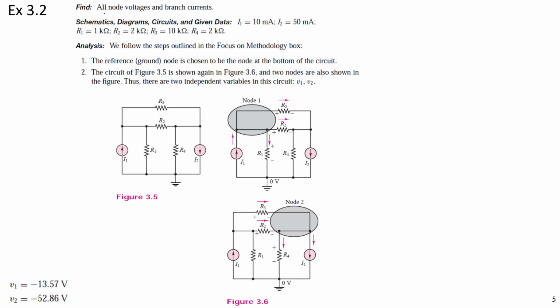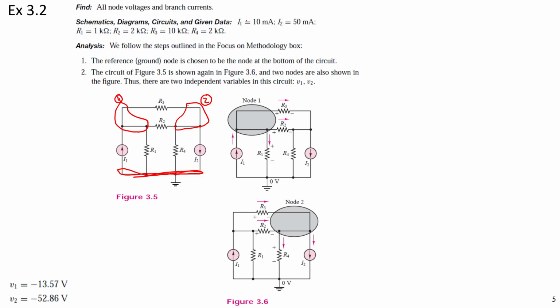For example, all node voltages and branch currents are here. This is the reference node, and we remain with only 2 nodes, right? This node and this node. This is node 1. This is node 2, right?